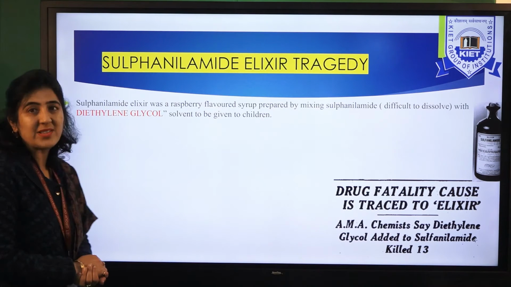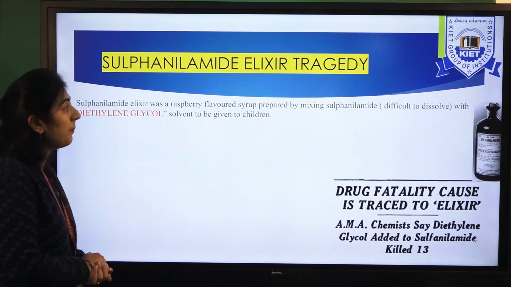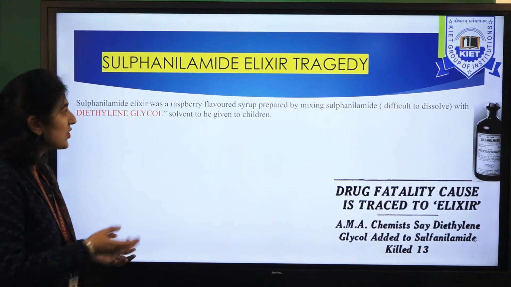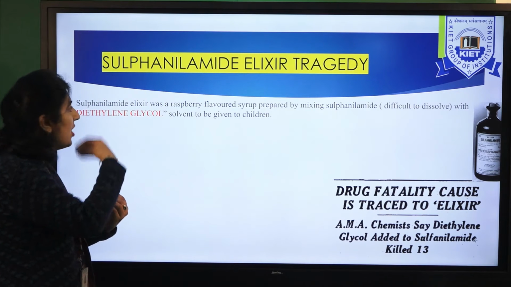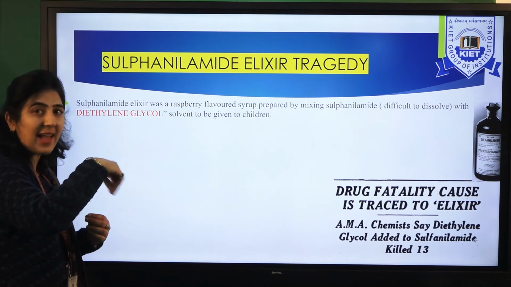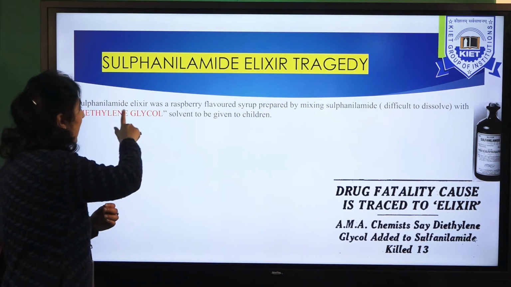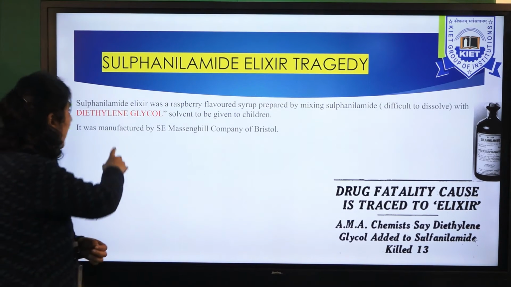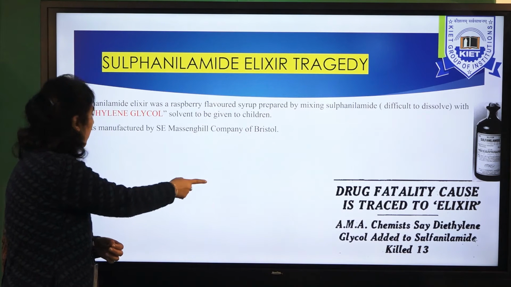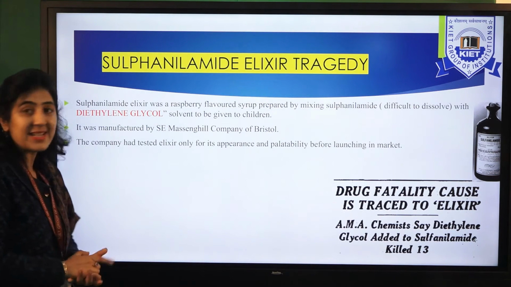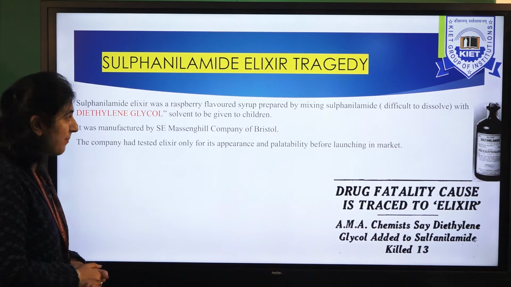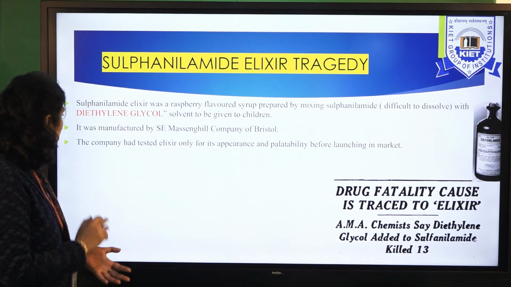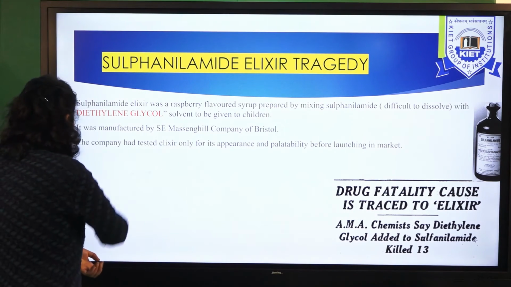This elixir was a raspberry flavored syrup, prepared by simply mixing the sulphanilamide, which was normally difficult to dissolve, in diethylene glycol, and this elixir was given to the children. It was manufactured by SE Massengill Company of Bristol. The company had tested the elixir only for its apparent palatability, but had not tested it in clinical trials.